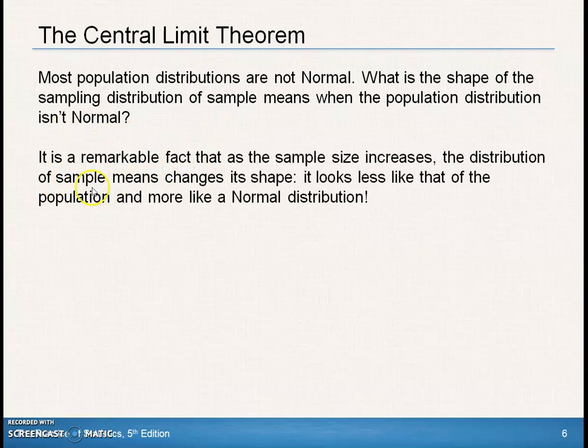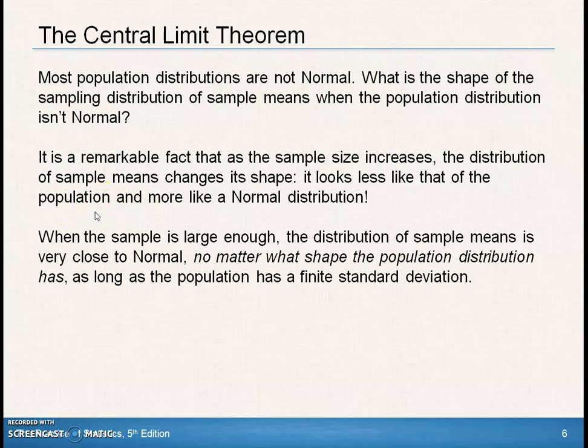It's remarkable that as the sample size increases, no matter what the start, the distribution becomes more normal. When the sample is large enough, you can guarantee that the distribution of sample means, no matter what the shape of the population, is going to be normal, as long as the standard deviation is finite.